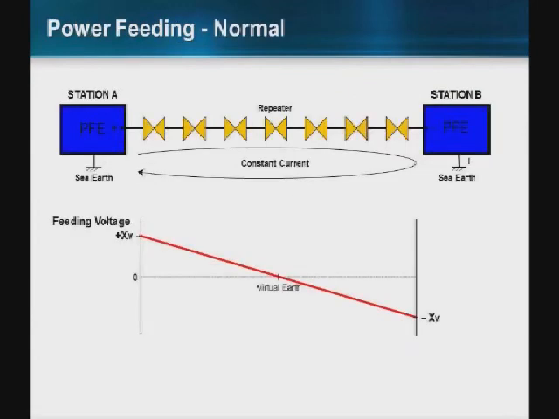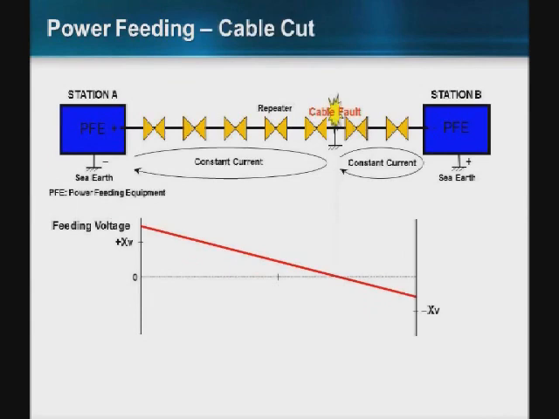This is just a logical diagram of power feeding in normal condition. You have power feed equipment at both ends of the cable at the cable stations, one with a positive, negative voltage differential. That supplies a constant current and constant voltage drop across each repeater. And in the center of the system, you have a virtual earth. In a cable cut or cable fault, the power conduit becomes exposed to the seawater and creates a grounding point.